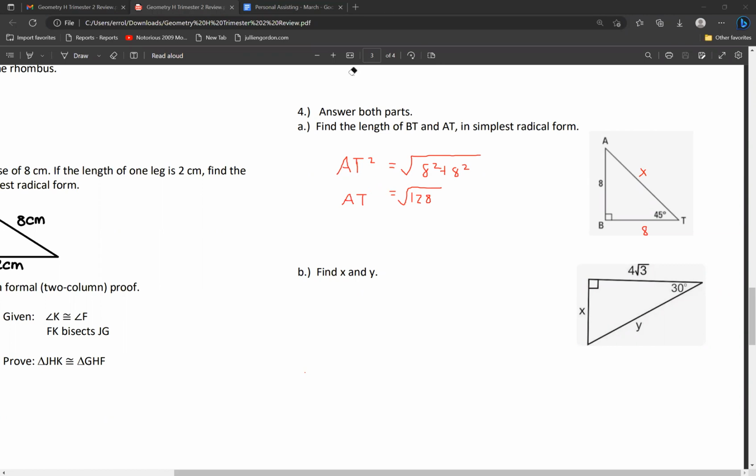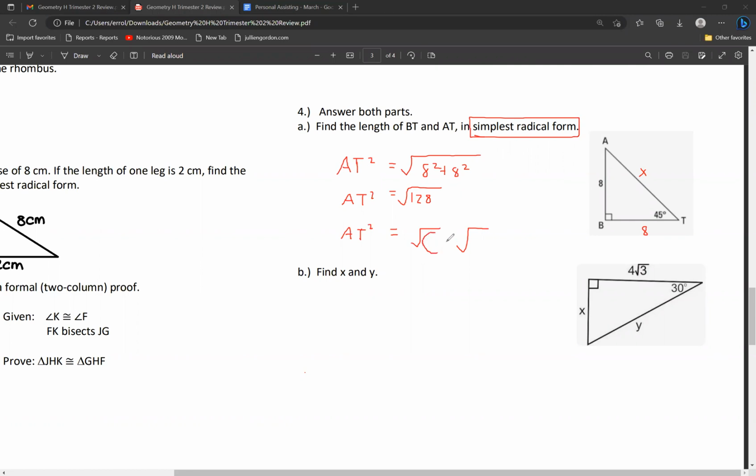Reduce it in radical form. What's the biggest perfect square that goes into 128? That's a decimal. It is a decimal, but they want it in simplest radical form. No decimals.